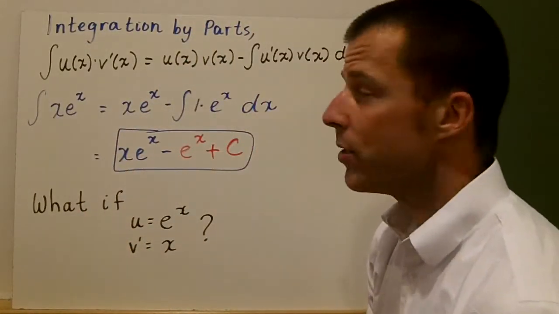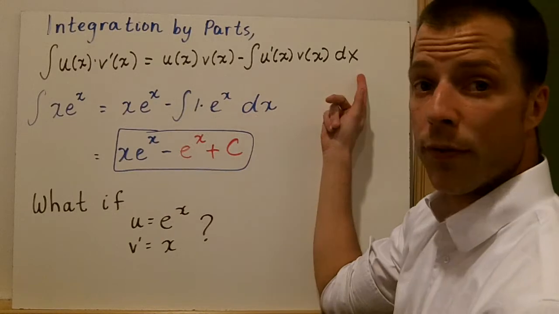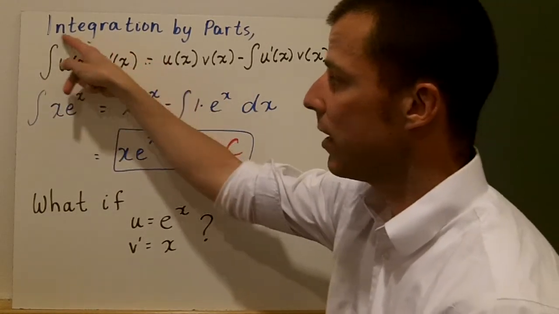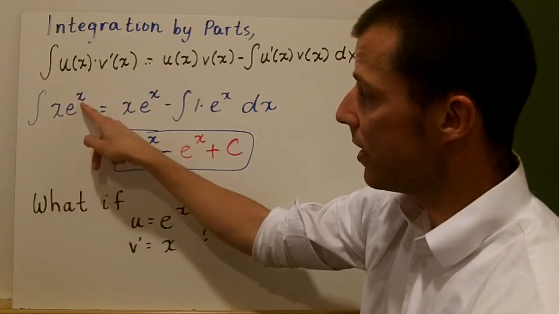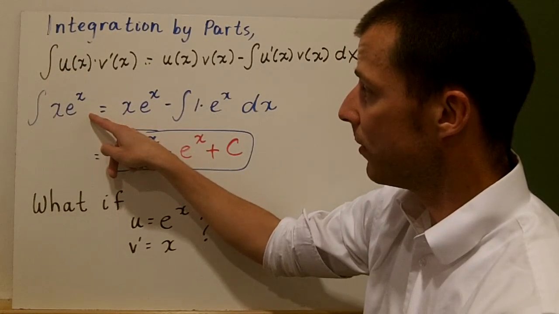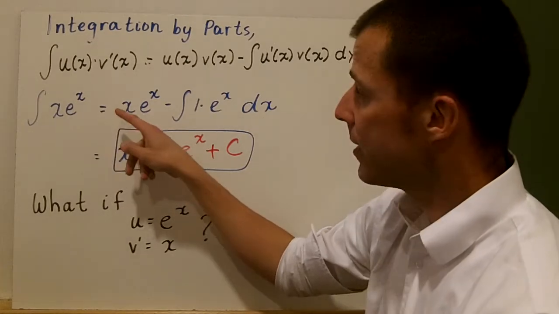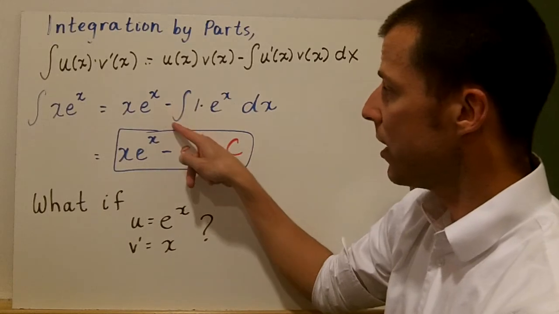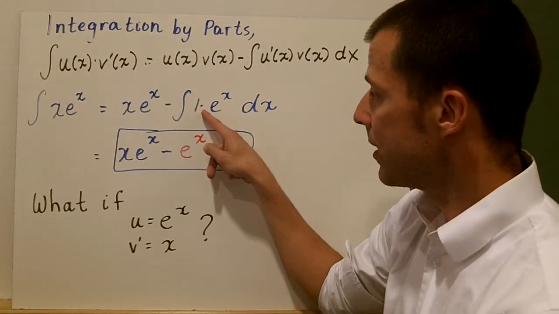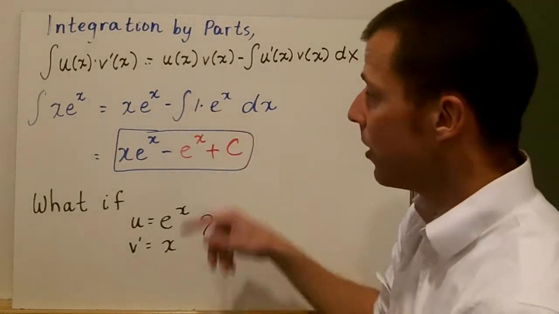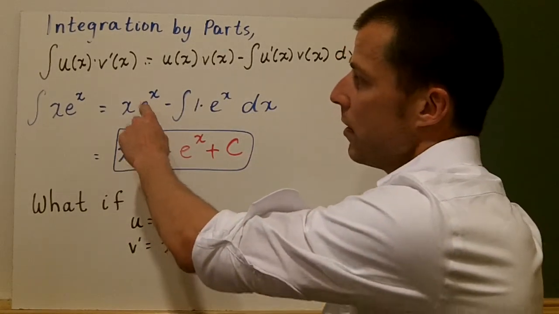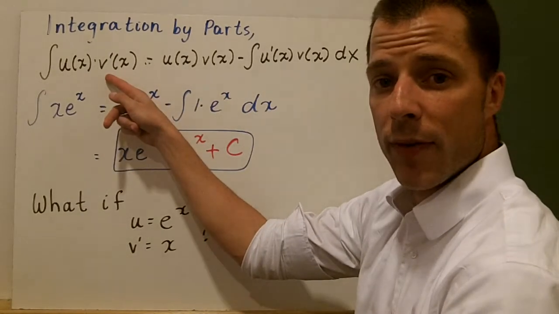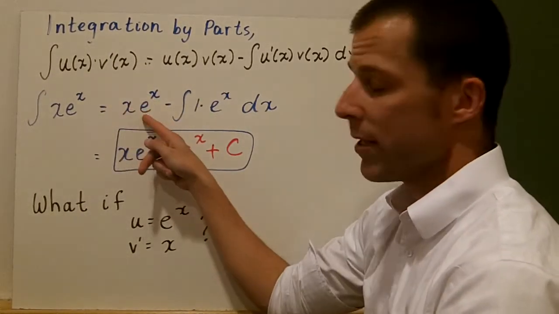We're going to do our integration by parts, and again, I wrote the entire rule for you. So here again is the original problem right there. So here, x e to the x, we should have a dx there. So that's equal to u of x times v of x minus the integral of u prime of x times v of x again. So again, when we take v prime of x being e to the x, we know the antiderivative of v prime of x is going to be itself.